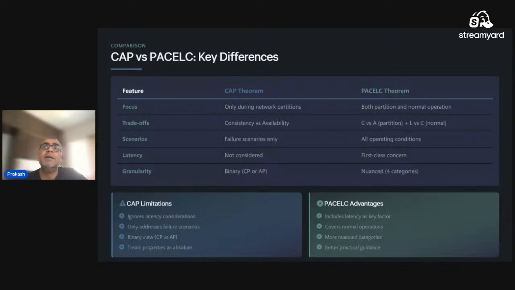Latency is considered in PACELC, and latency is important, folks. In a distributed system, it's one of the critical criteria for any system. If there is too much latency, then of course you will lose users. But fundamentally, for partitioning it is still CAP, which covers primarily network failure scenarios.